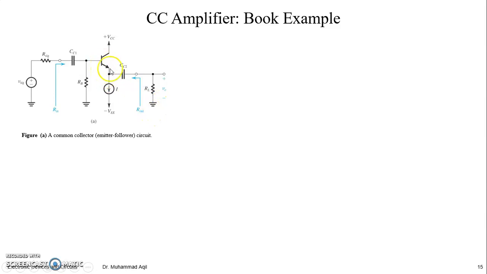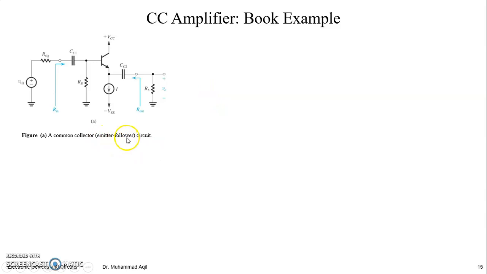And if we think about the AC operation, input AC from base, output AC from emitter, and collector is this DC source will be appearing as a ground. So it means base to ground or base to collector is input, emitter to collector is output. So collector is common, right?